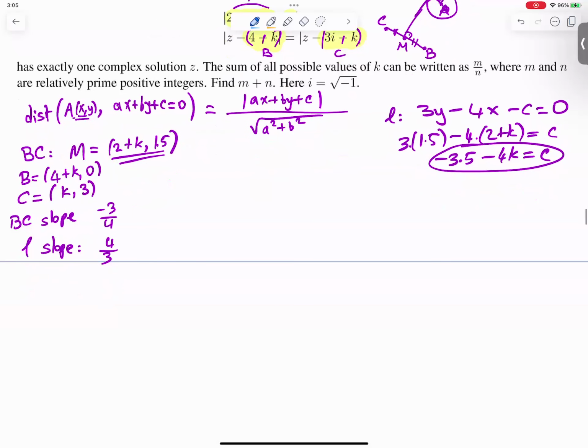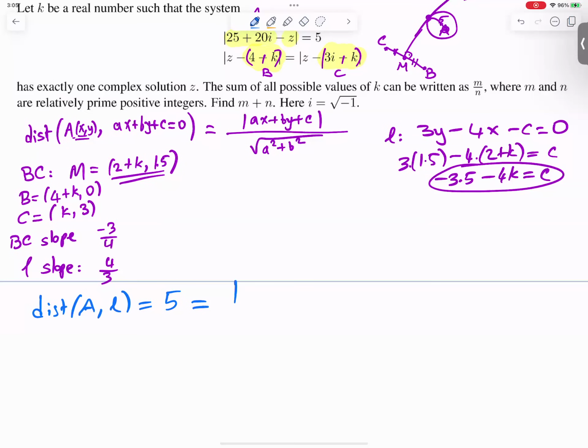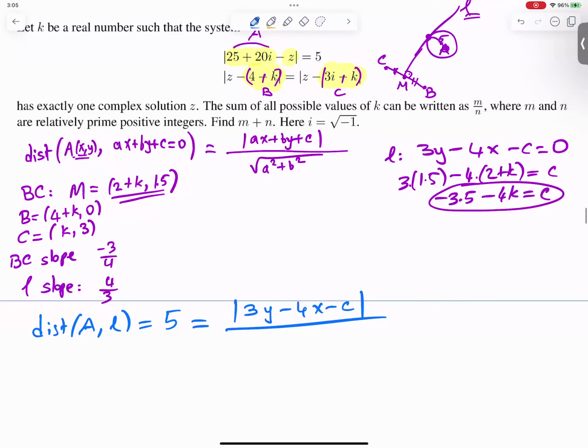If we use the distance formula, the distance from A to line L, and we know this distance should be 5, is given by the line equation 3y minus 4x minus c, divided by the square root of 3 squared plus 4 squared, which is just 5.